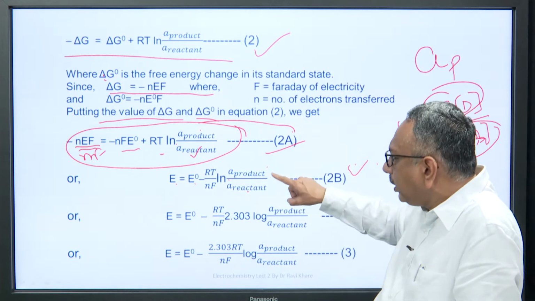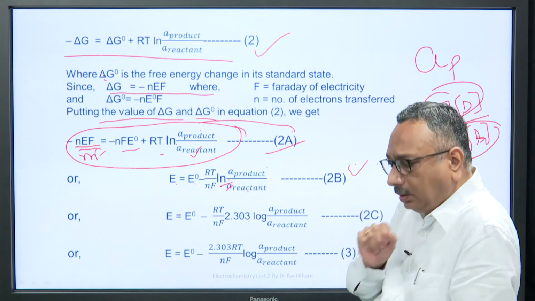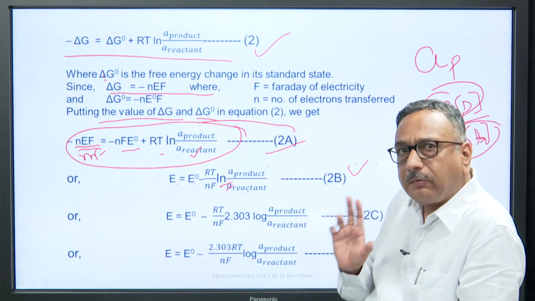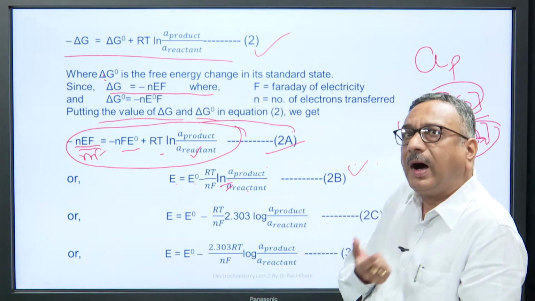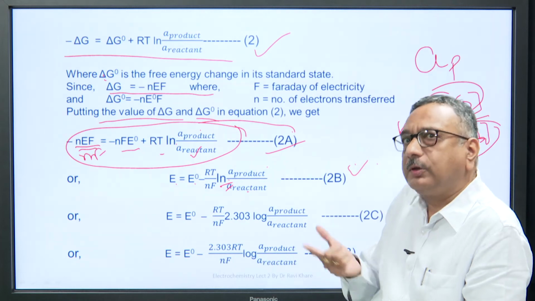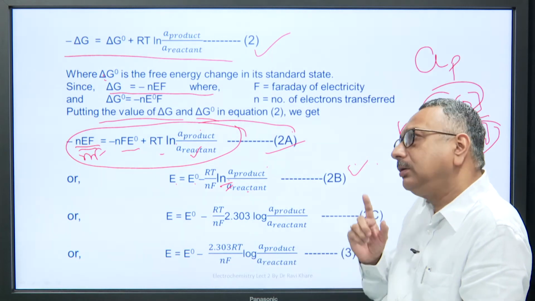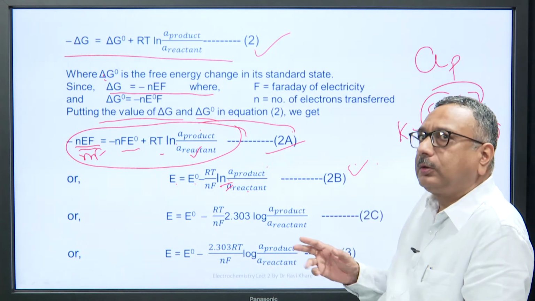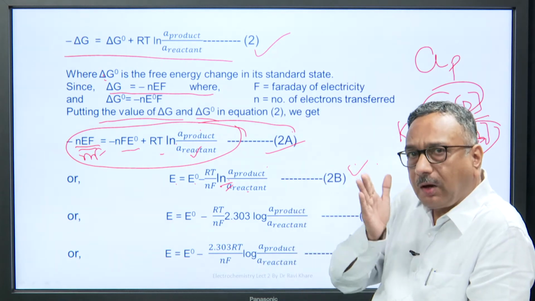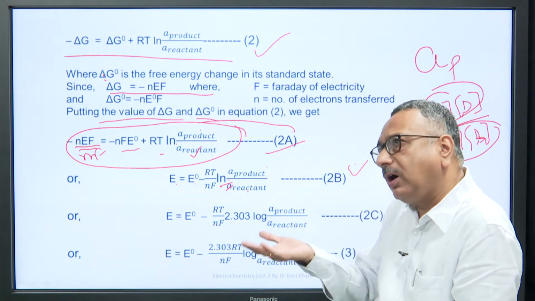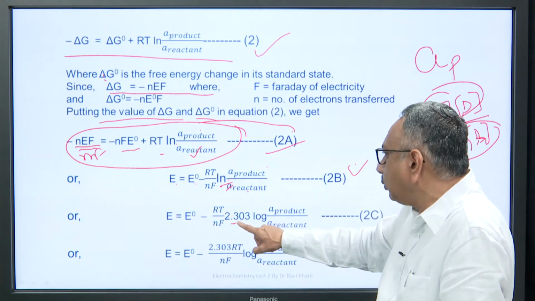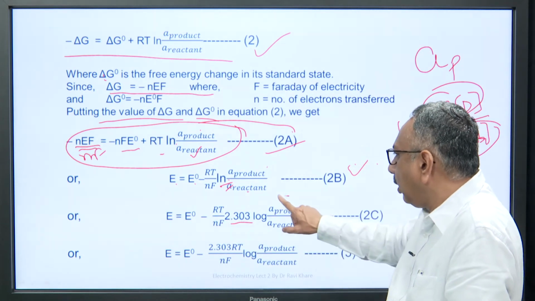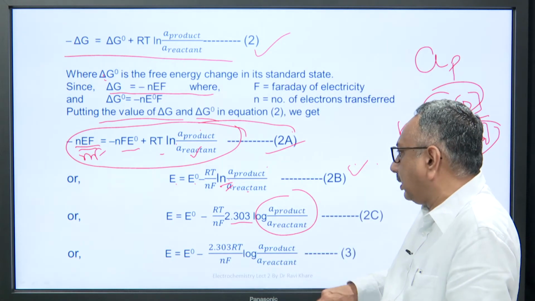Now, here you are using natural log, so you have to convert natural log to log of base 10. What will you do? You have to multiply by 2.303 to convert the base of log from e to base 10.